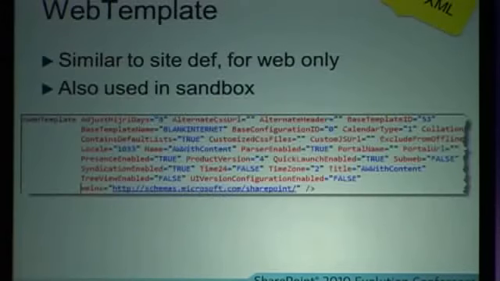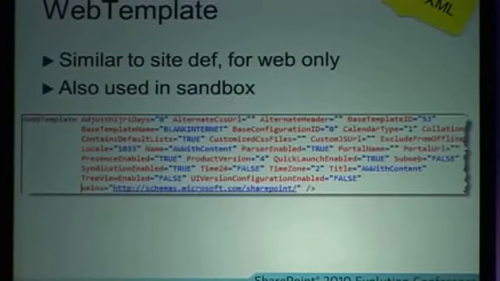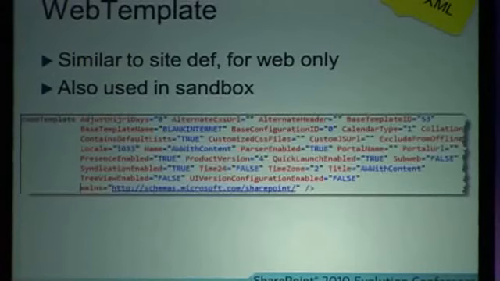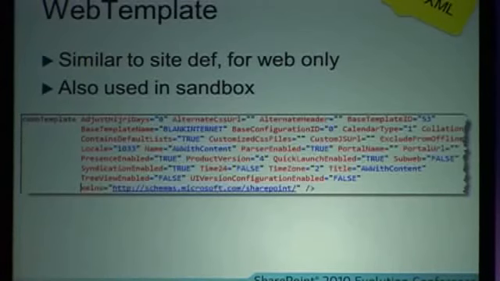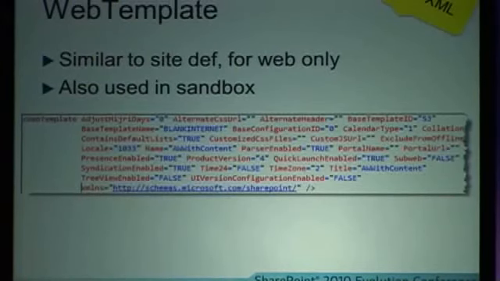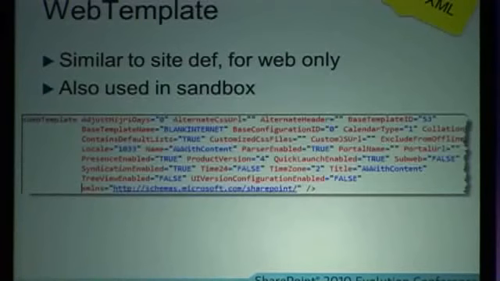Web template is a new element, and this is like a site definition, which had a configuration that was specific to webs. You might remember that with site definitions, you often have different configurations, maybe one for a site collection and one for a web. This is similar to the latter, where it's a template that is used for webs, and it's something different to the site definition construct.